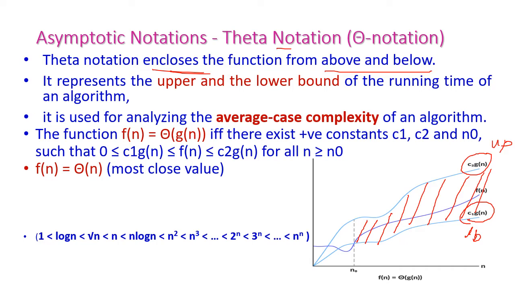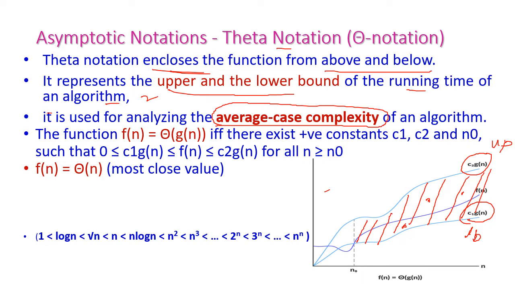Here the theta notation will lie anywhere here. It represents the upper and lower bound of the runtime of the algorithm. It is used to compute the average case complexity of an algorithm.